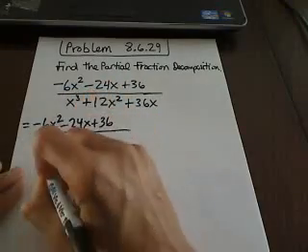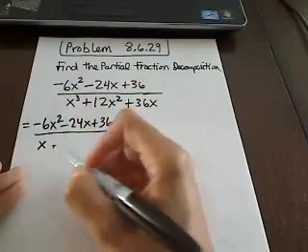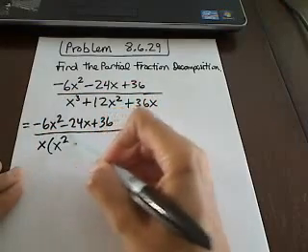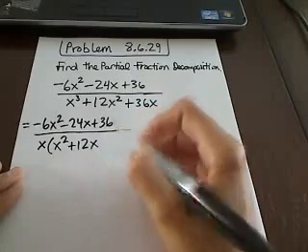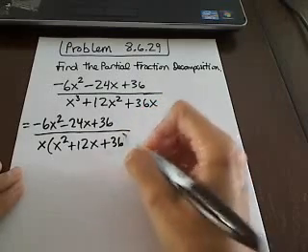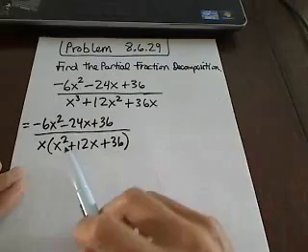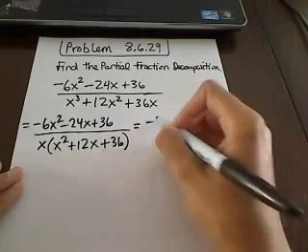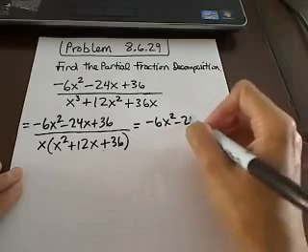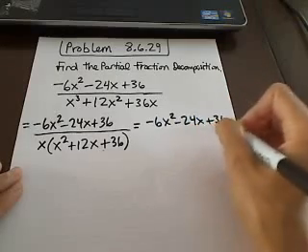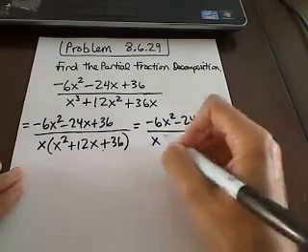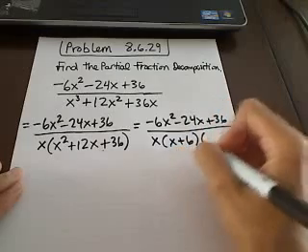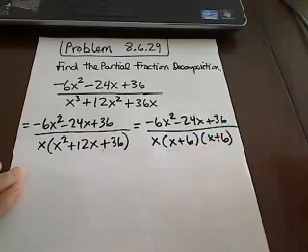So, okay, if we pull out an x in the bottom, then we're going to have x squared plus 12x and then plus 36. Okay, and this right here is a trinomial. If we factor that further, you can use trial and error or the AC method, whatever you prefer, but it's going to factor into x plus 6 and x plus 6.